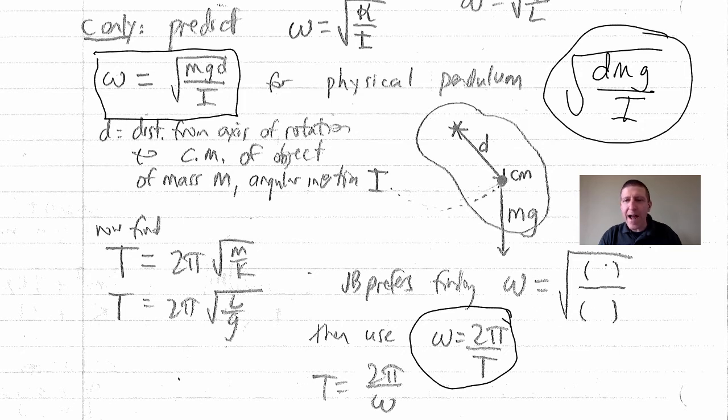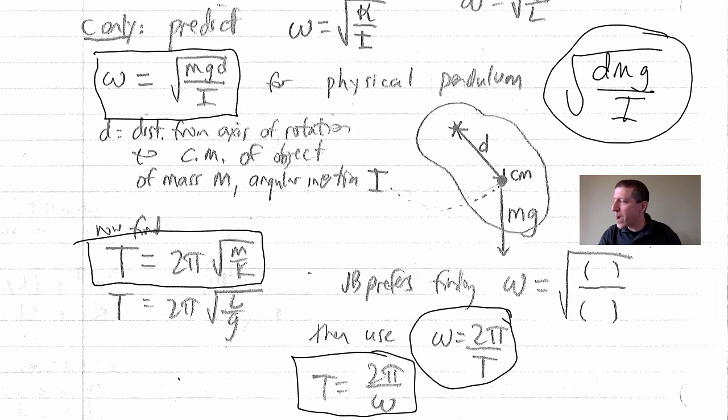Once you memorize the omega values or figure them out, making sure they make sense physically, then you can solve for the period. For the period of a spring mass system, it's 2 pi times the square root of m over k. Notice the k and the m are reversed because the period is inverse. Period you can solve by 2 pi over omega. So that's 2 pi times 1 over omega, which is that. And for a pendulum, it's this, and we're going to derive that in just a minute.